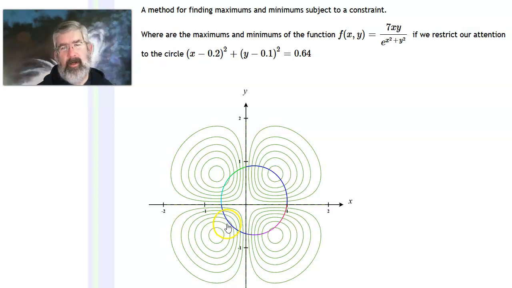So there seems to be a very nice pattern that I can pick these high points and low points out, because it's in the transition from going downhill to going uphill where you're not going either, which means you're heading in the direction of a level curve. So the points of local maxes and mins on the boundary are places where the constraint curve is parallel to the level curves.